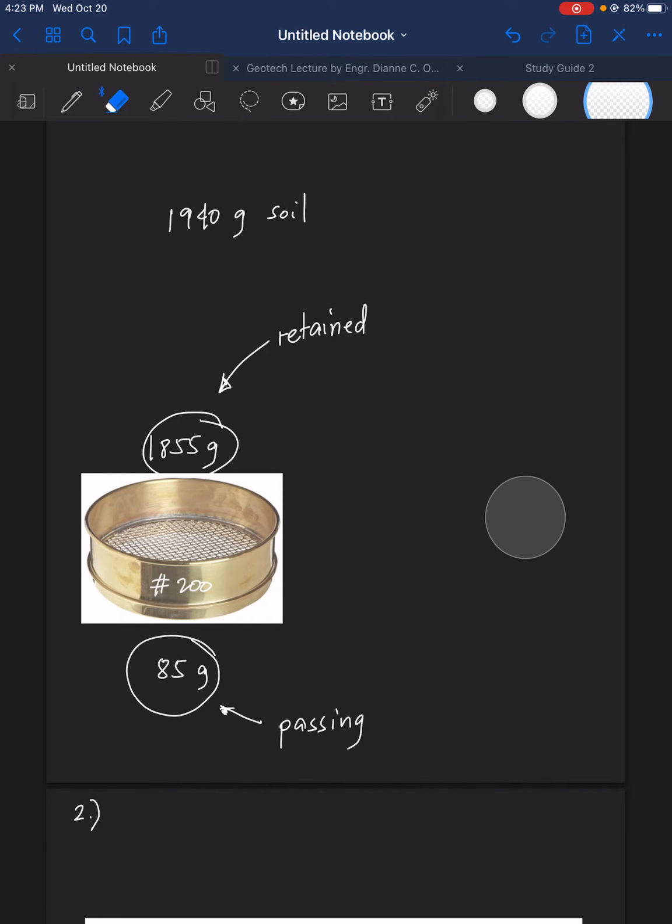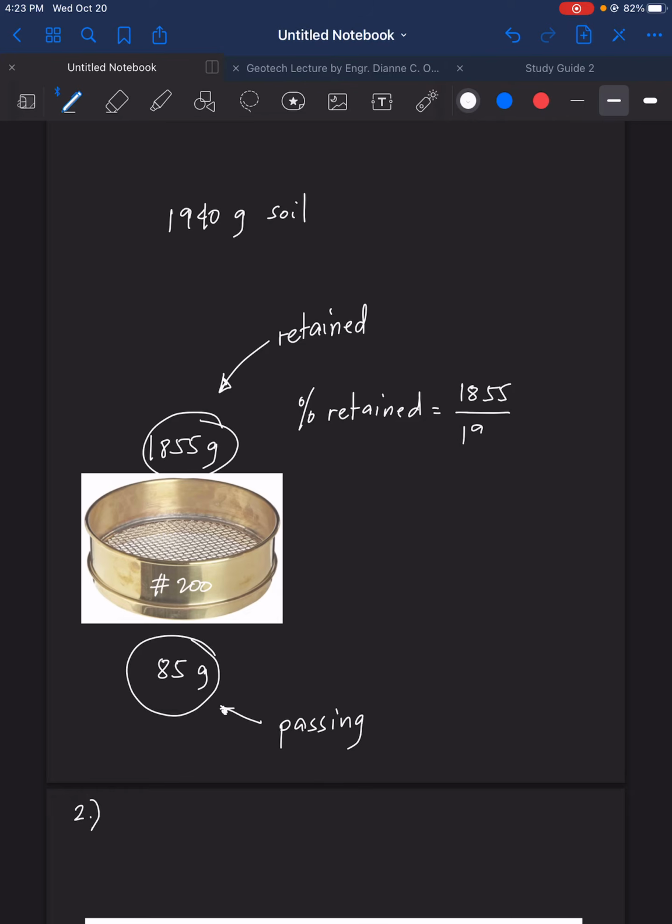So let's have a summary. For percent retained, we have 1855 divided by 1940, because this is the total soil, times 100, and that is equal to 95.62%.